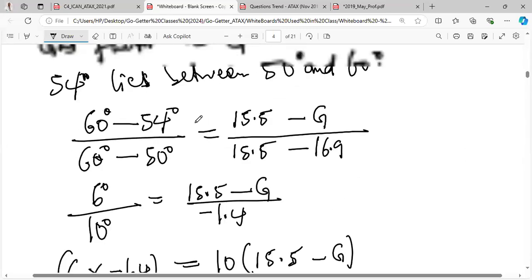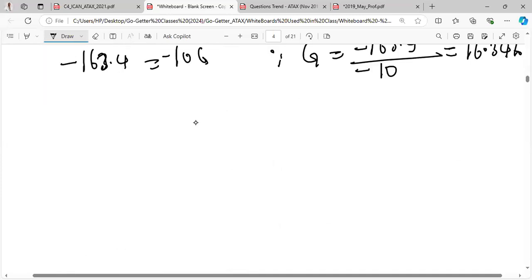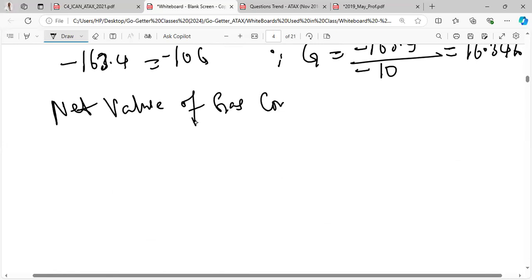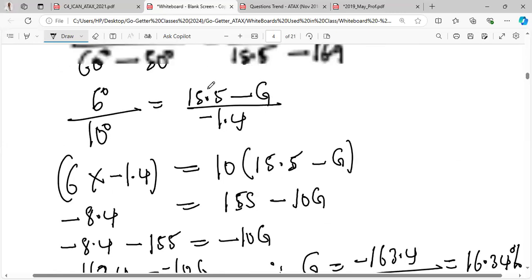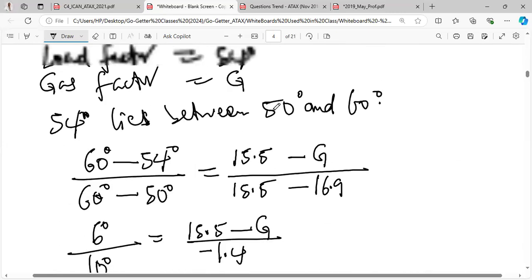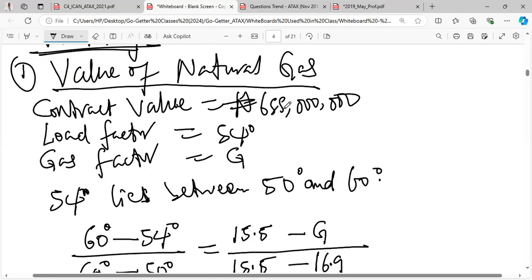So the net value of the gas contract will be, how much is it there? 655,000.